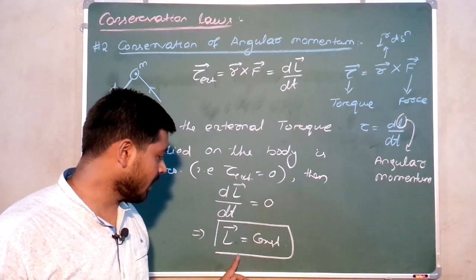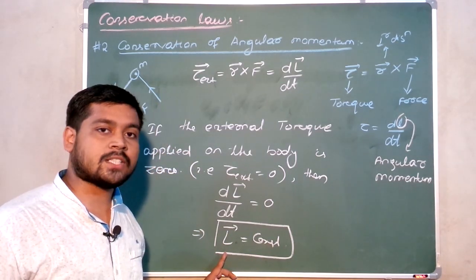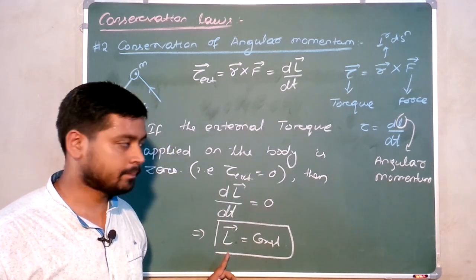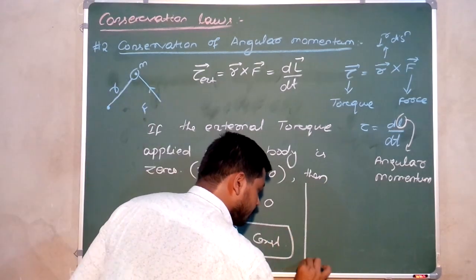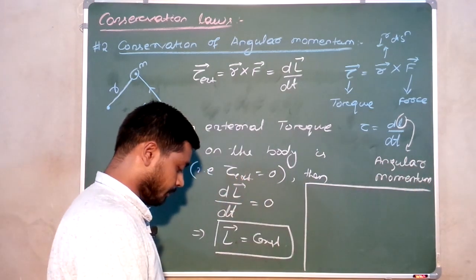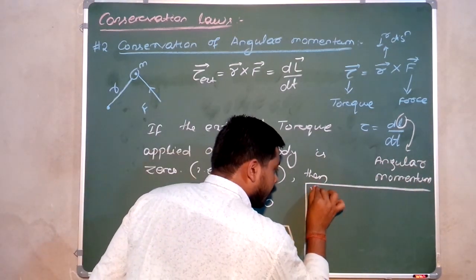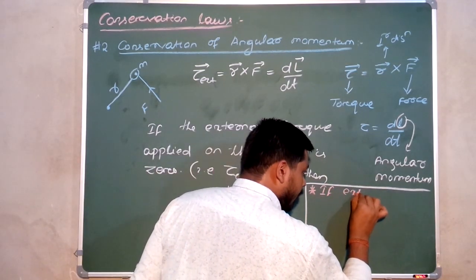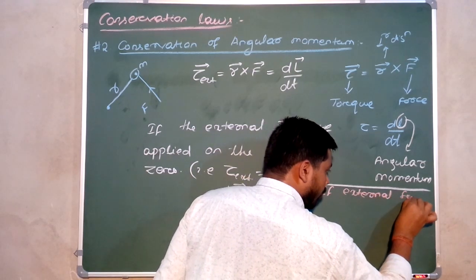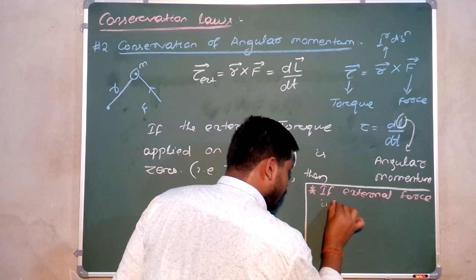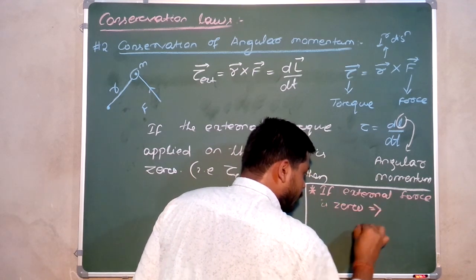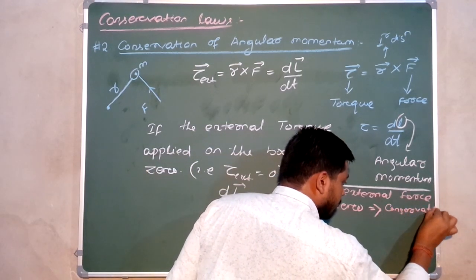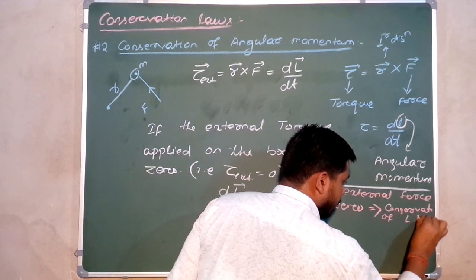In the first case we got P equal to constant, that is conservation of linear momentum. Here we get L is constant, that is conservation of angular momentum. In these two cases, if external force is 0, then it leads to conservation of linear momentum.